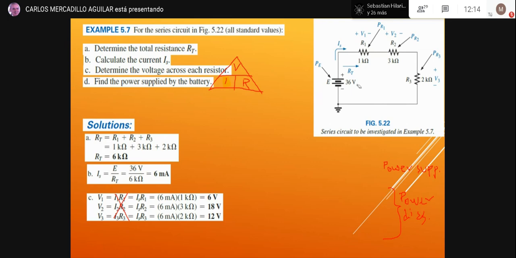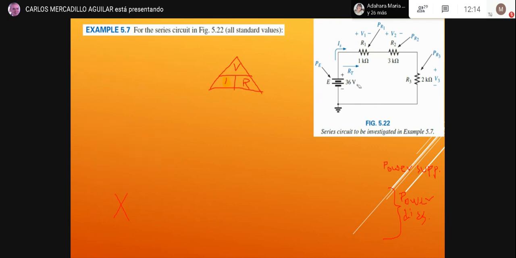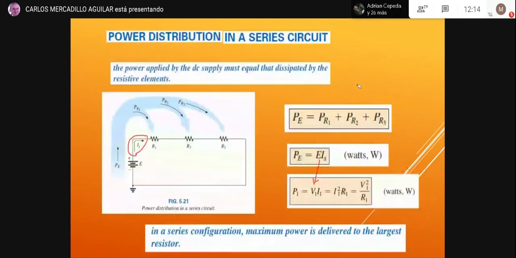Then the power supplied by the battery. With the first formula we use, we will have 36 times 0.006.